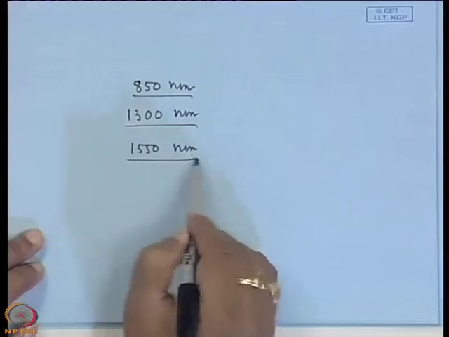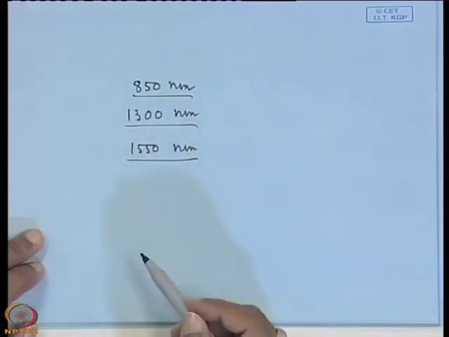That means, ultimately you have to send light through the fiber, and you know that for any material the loss is a function of its wavelength. Fiber is made of different materials. One is the silica glass fiber. For silica glass fiber, we have seen that at these three wavelengths the loss is minimum.